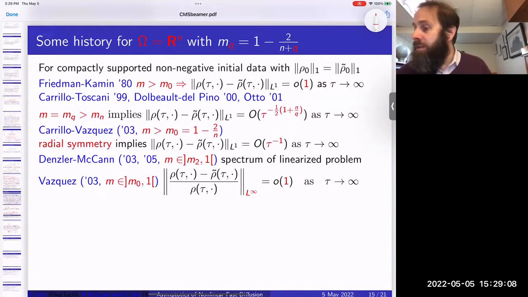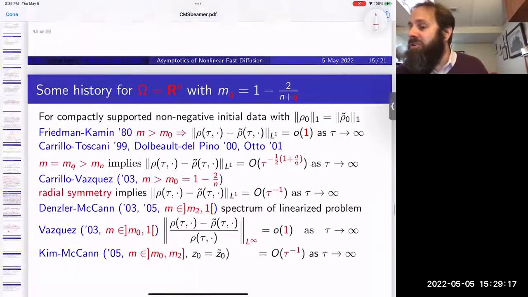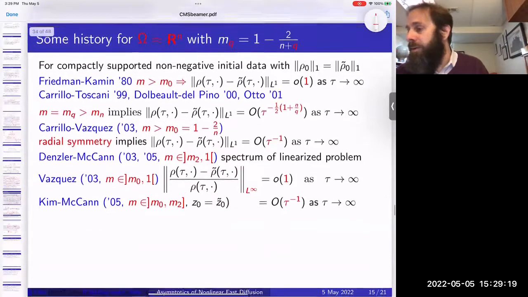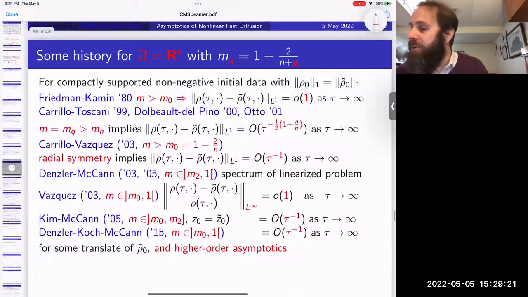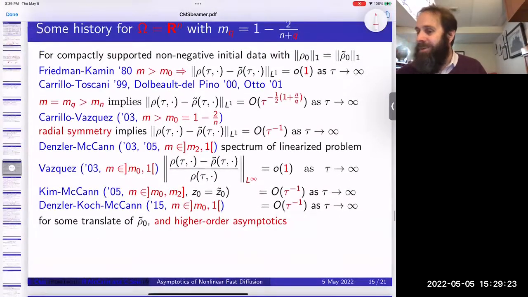Vázquez showed that now I'm in the fast diffusion regime. If you look at this relative error again between two solutions, that will go to 0 as time goes to infinity. And eventually, the other authors made some contributions, including me with Yongjung Kim, but eventually with Koch and Densler, about 10 years ago, although it took a while for the paper to appear, we were able to show that the spectrum that we had found earlier gives this rate for all centered initial data.